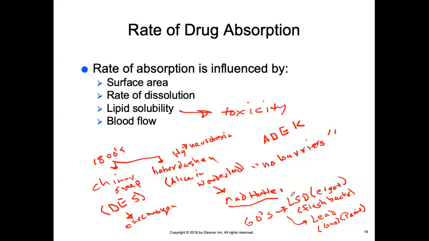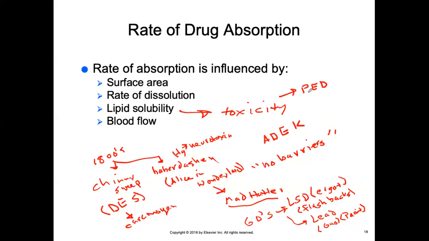Another example of a lipid soluble compound is an anabolic steroid. These are generally taken as PEDs by athletes, performance enhancing drugs. What it does is it sends the body into overdrive with biosynthesis so that they can exercise more frequently and build more muscle mass more quickly. Which is great. So you get bigger, stronger, faster.